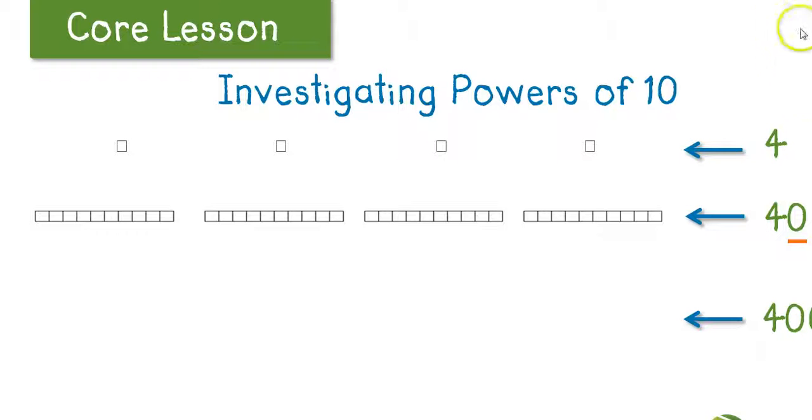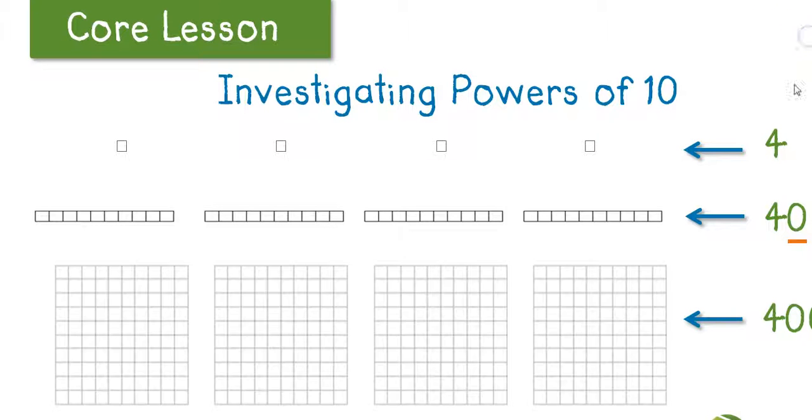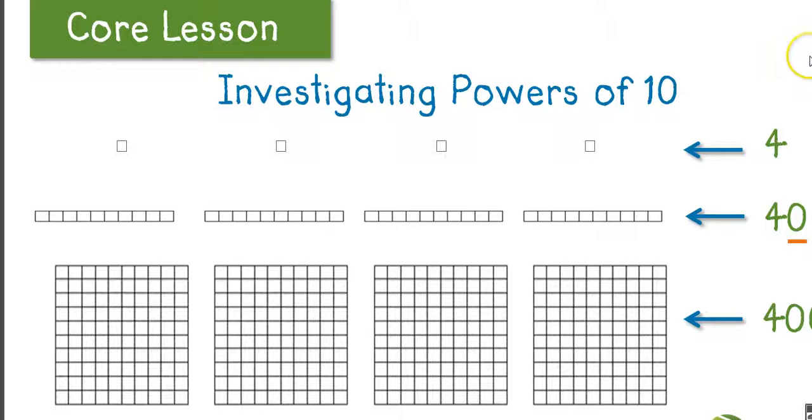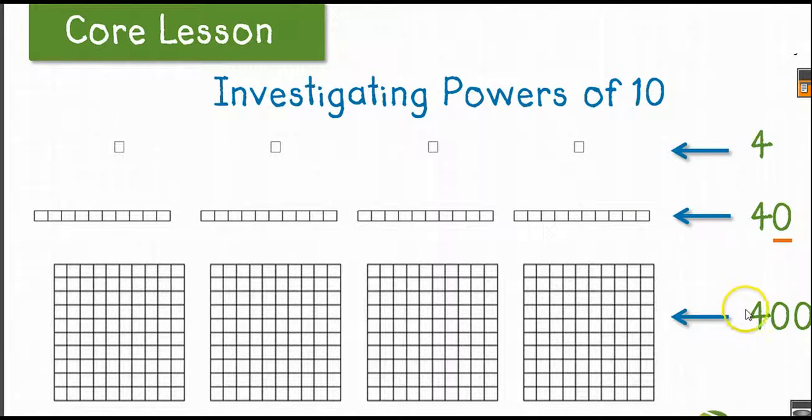If I could stretch this out just a little bit more. So you can see the 400, so now we have 400 blocks. So each time we just multiplied times 10.